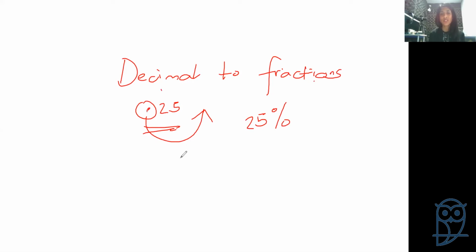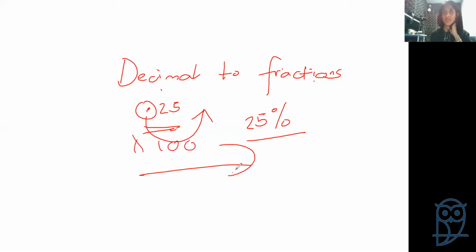Always move the decimal point to the right. Okay. Alternatively, converting the percentage to a decimal number or a fraction, we can multiply by 100. So if we multiply by 100, you'll come up with the same answer. Okay.